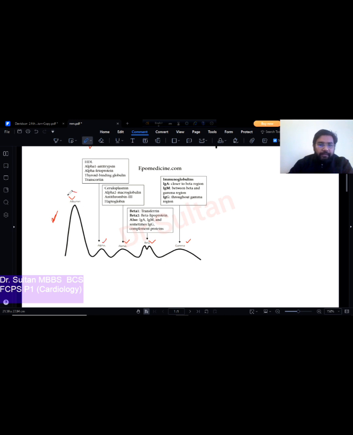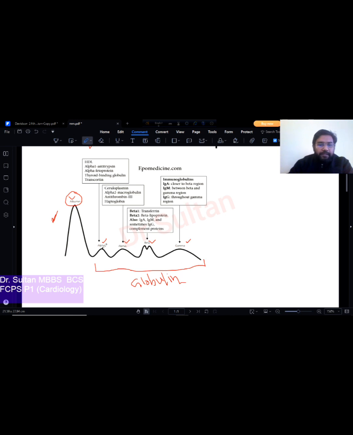The albumin wave is longer than the others, and these segments are the globulin protein segments: alpha 1 globulin, alpha 2 globulin, beta globulin, and gamma globulin.